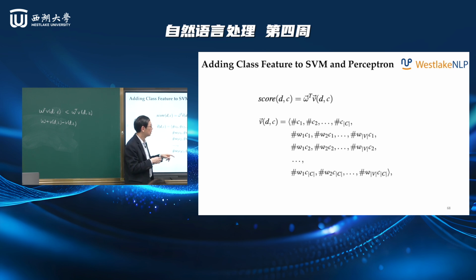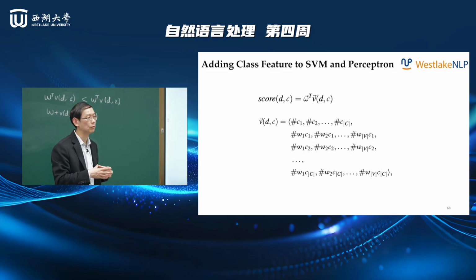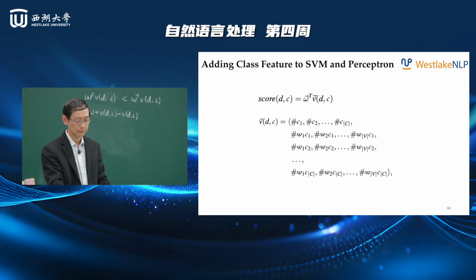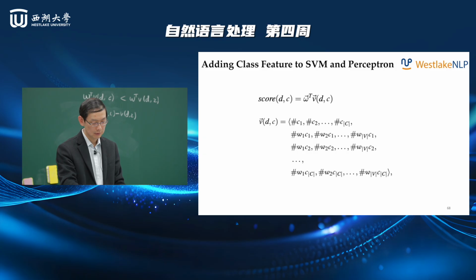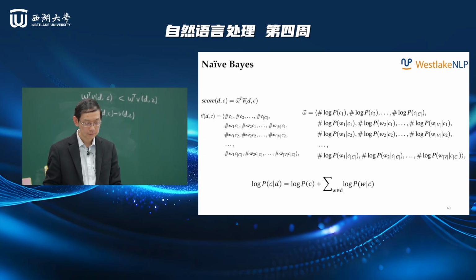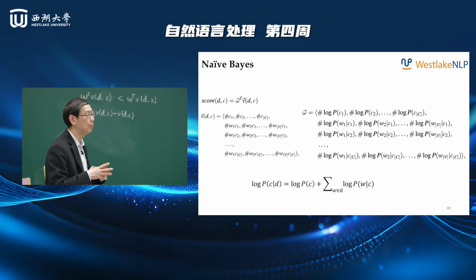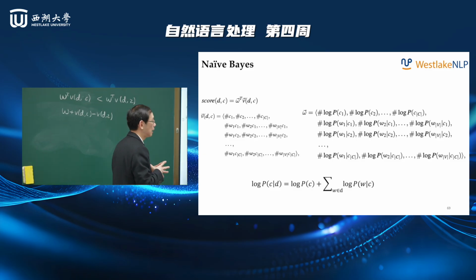Similarly, the model parameter linear dot product will have a score on every word and class association. And those scores correspond to log PC.